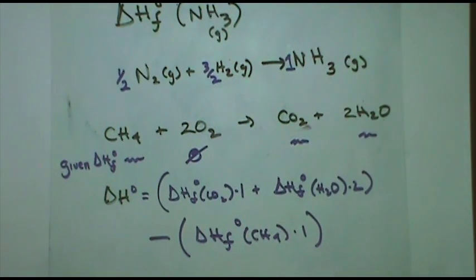I'm not including O2 because it's going to be 0 anyways. So we would expect you to set up a calculation like this, products minus reactants, and find the answer. It can be written in different ways. We could give you this number and ask you for one of these, for example, but same idea. All right.